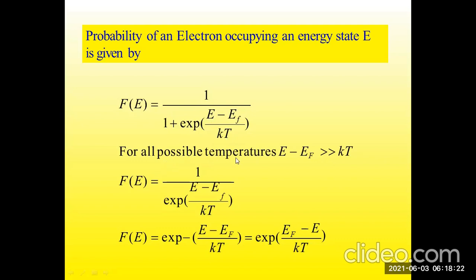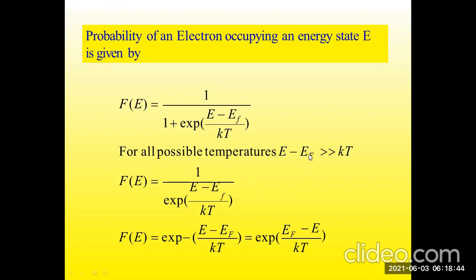For all possible temperatures, E minus EF should be very much greater than kT. This particular condition we are using here. So (E minus EF) by kT is very much greater than 1.